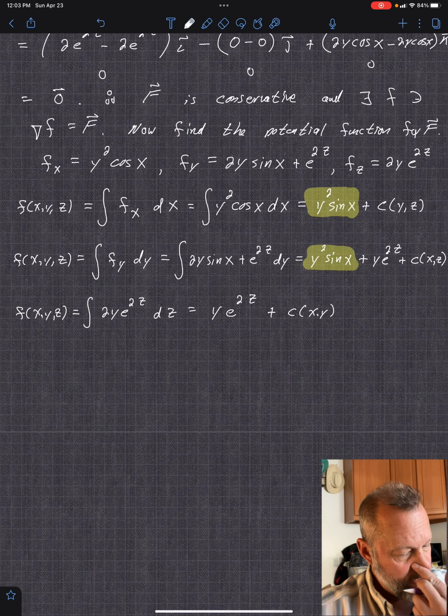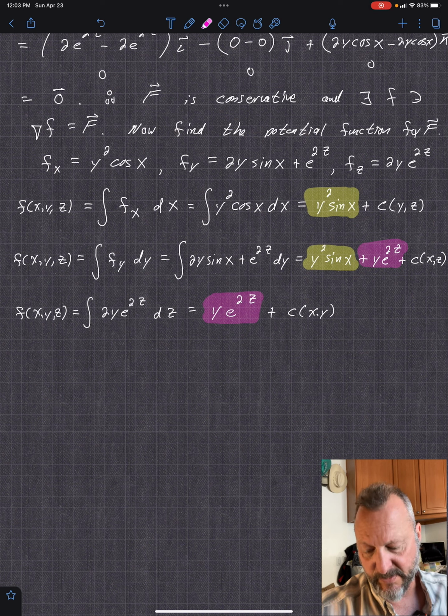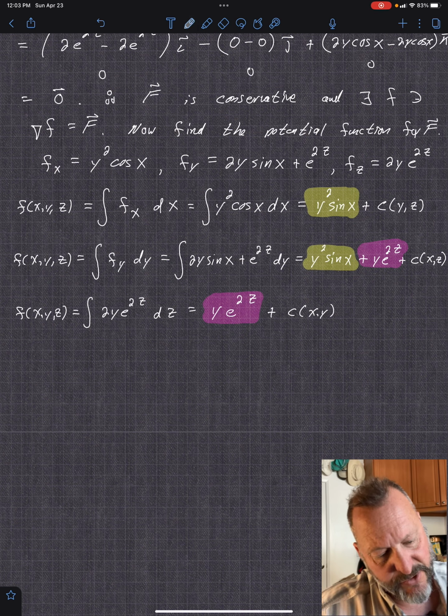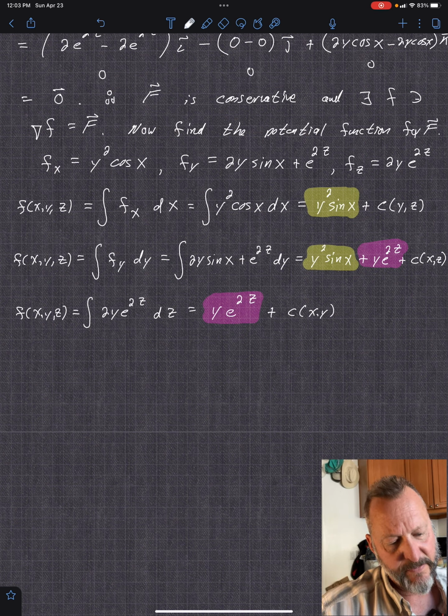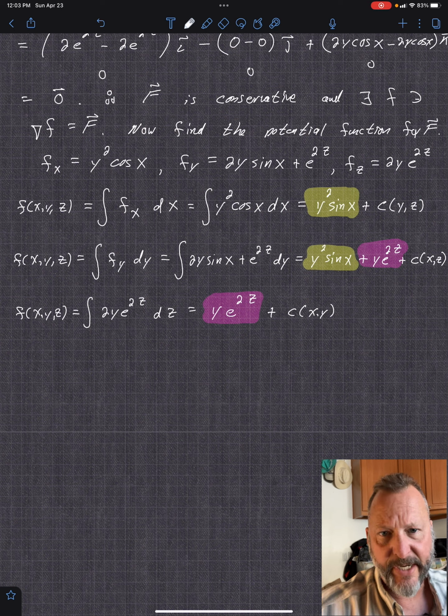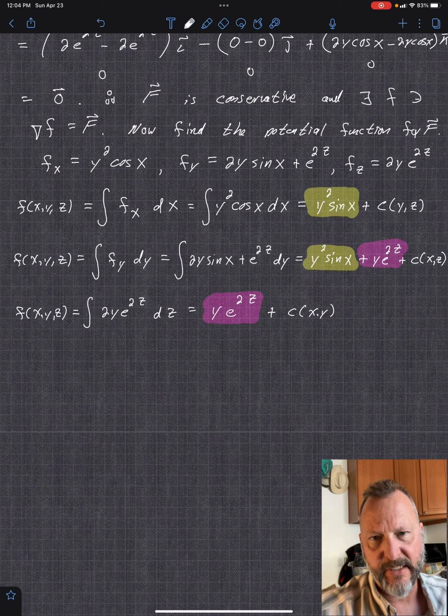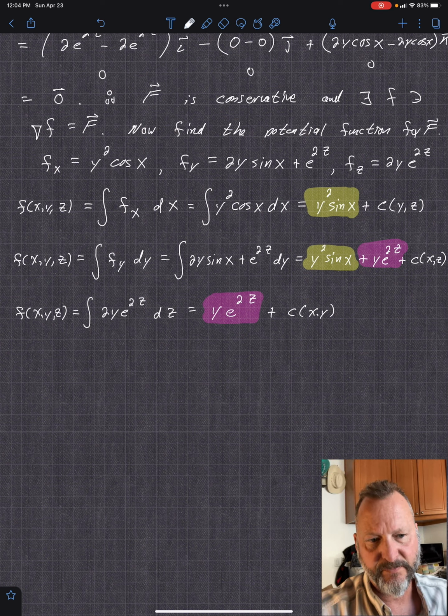And so we can see here that the y e to the 2z is this one. I always like to take the sign with it because its sign matters there. So that's your function, and then you do say plus a constant. So you just put those pieces together. And you can always check it by doing the partials or the gradient and see if you get f.